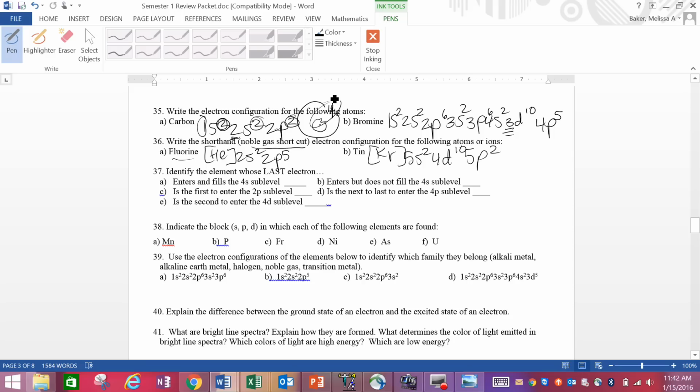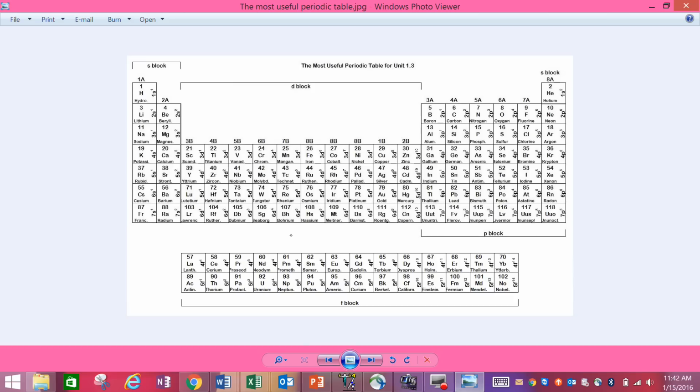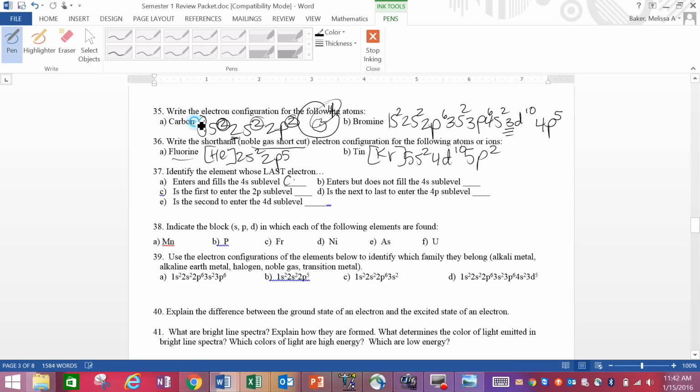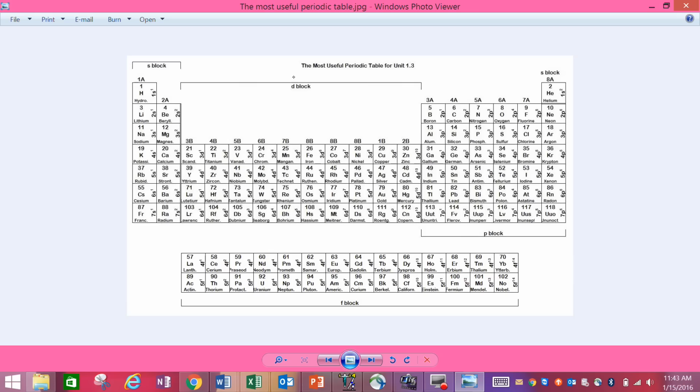37. Identify the element whose last electron enters and fills the 4s. So check it out. In the 4s, calcium is the last element there, so that should be calcium. What enters but does not fill the 4s? So the one before it is potassium. Which is the first to enter the 2p? Check it out.